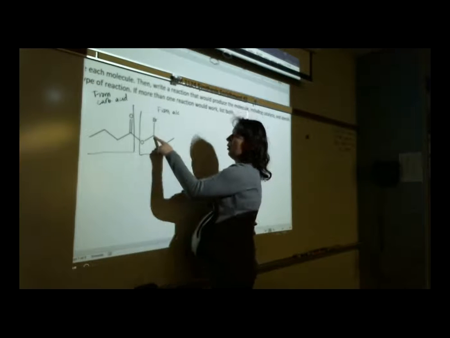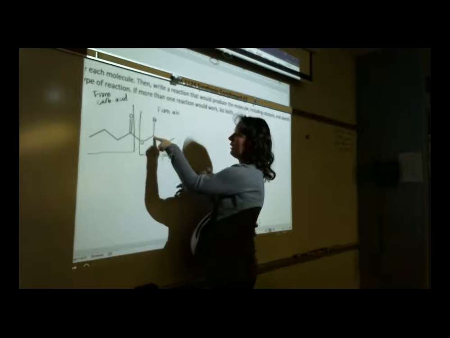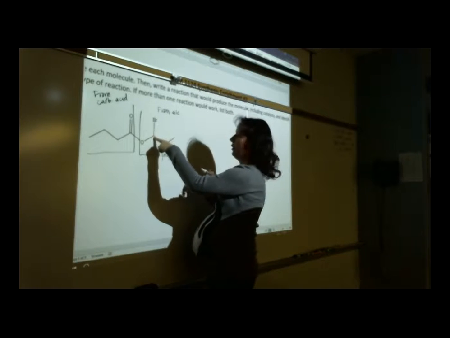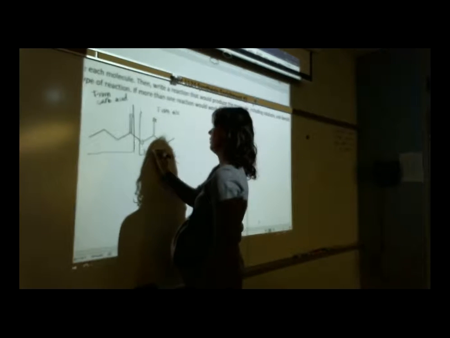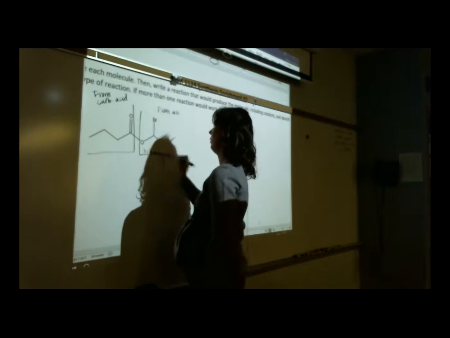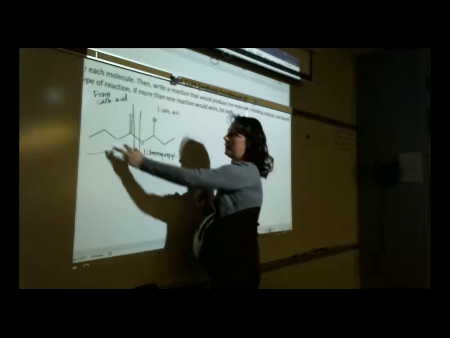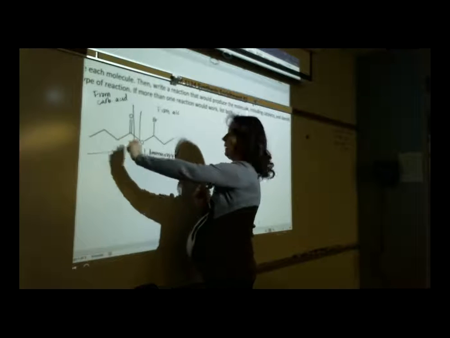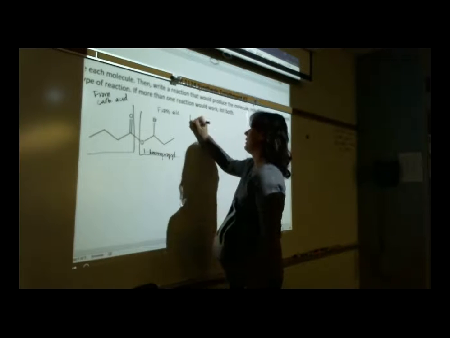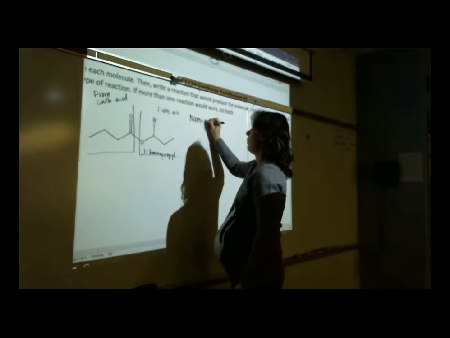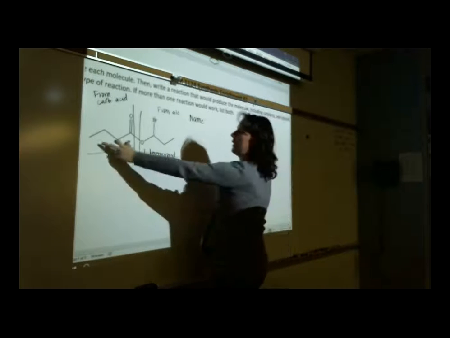But since there is a bromo there, we're going to treat it like it's on carbon 1. So we say 1-bromopropyl. And then is there anything different here? No.